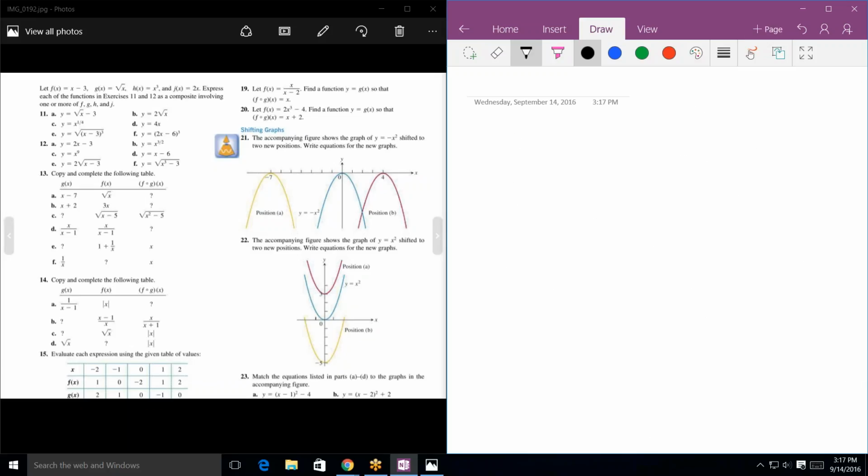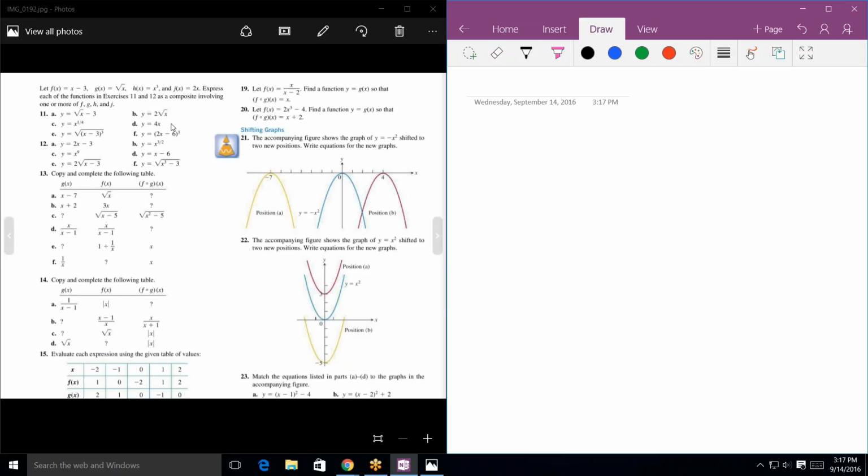Another way of stating that would be y equals g of x to the 1/2. It's important that you understand what these exponents mean. When you take the square root of something, that's the same as taking it to the 1/2 power. If you take the cube root of something, that's the same as taking it to the 1/3 power. Okay?